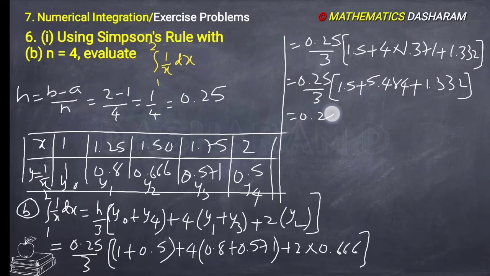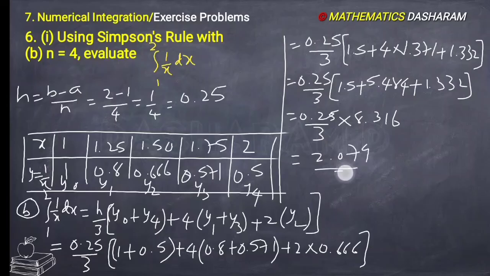The addition of these three decimal numbers is 8.316. So 0.25 into 8.316 is 2.079 by 3. So then it is equal to 0.693, our required answer.